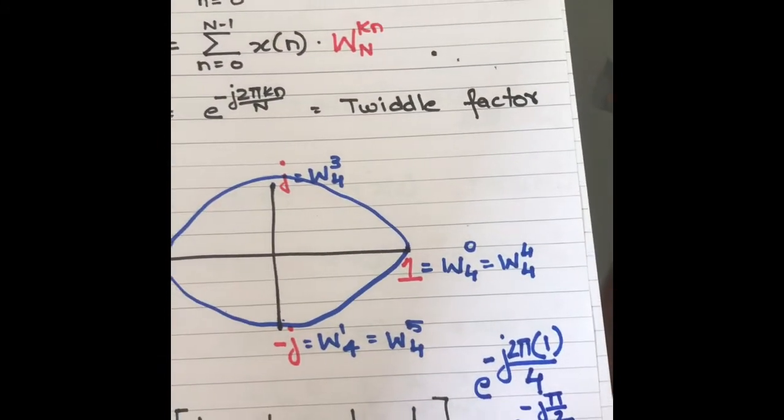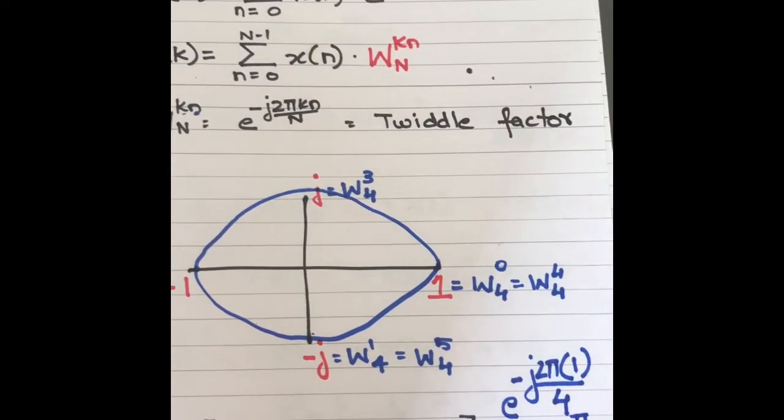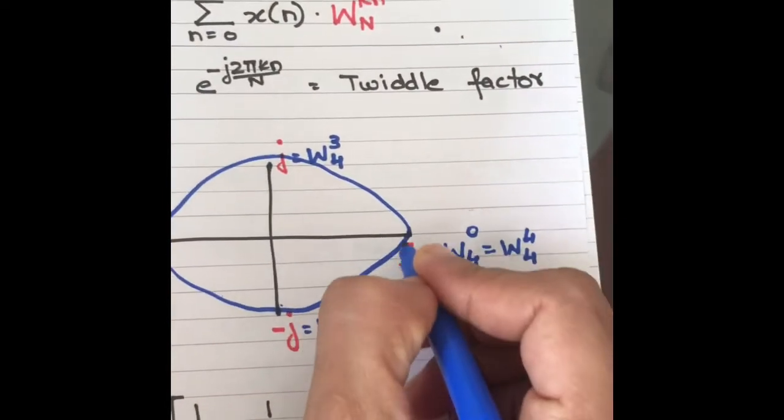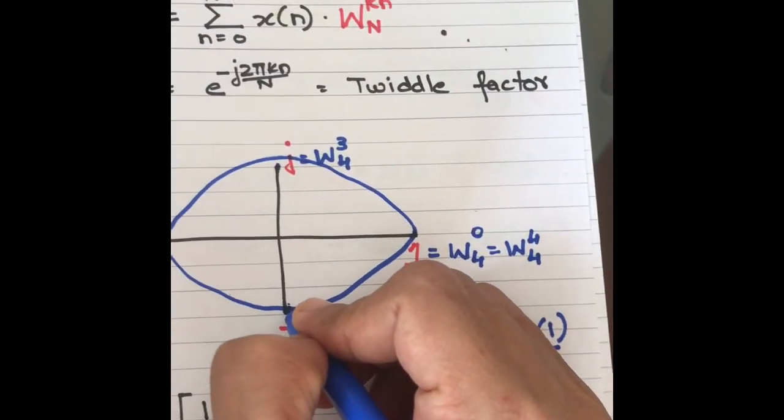E raised to minus j pi by 2, where is the angle minus pi by 2? It will be here. This is angle minus pi by 2.